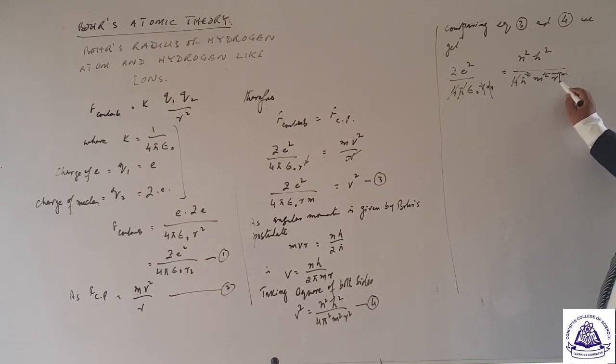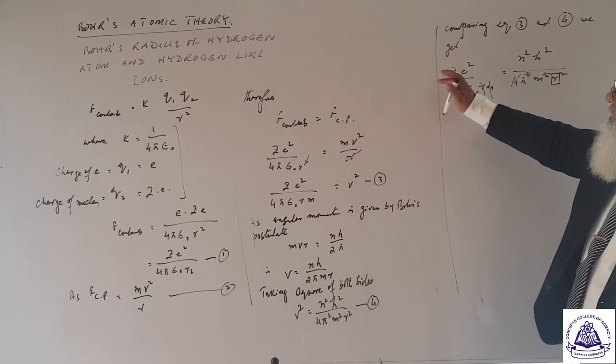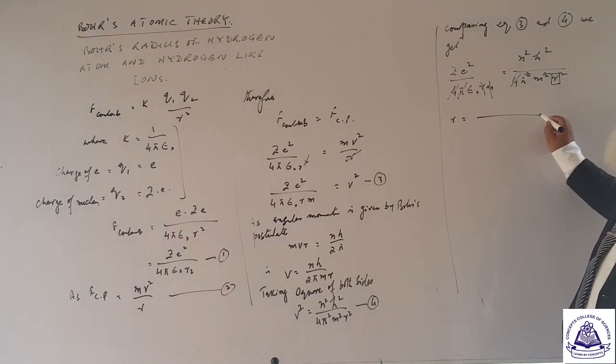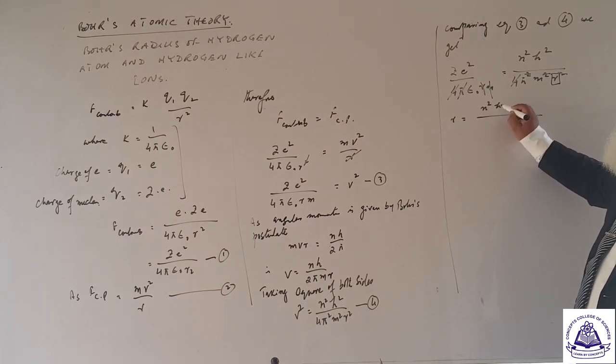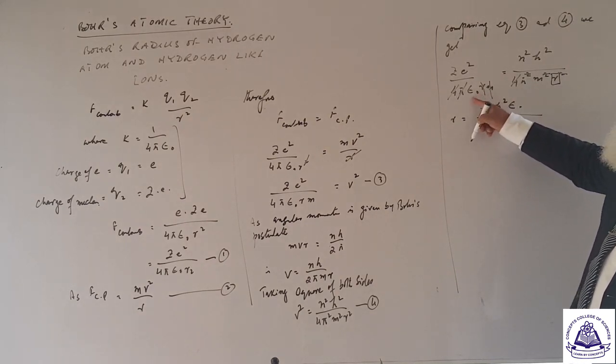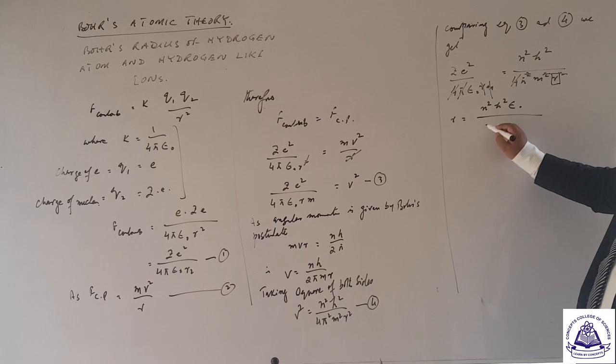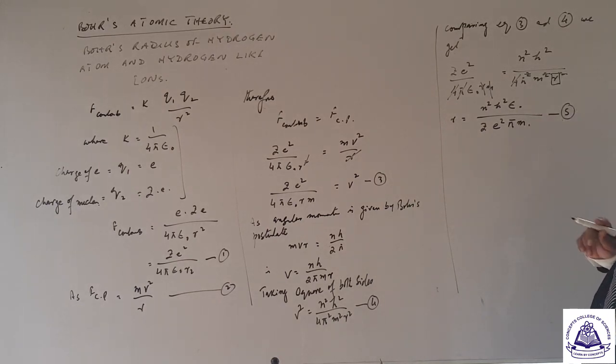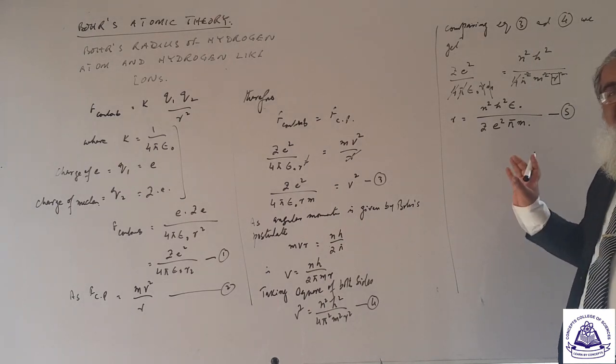This r we have to find when it comes to the other side of the sign of equivalence. It becomes r is equal to n square h square epsilon naught over Z e square pi m. This is equation number 5, the formula which gives the radius of an atom.